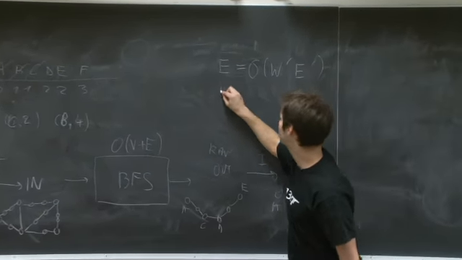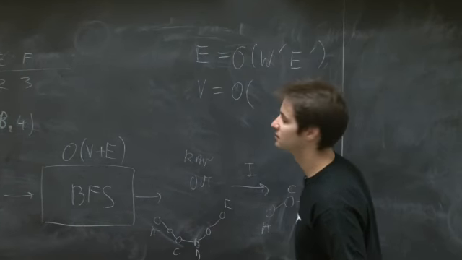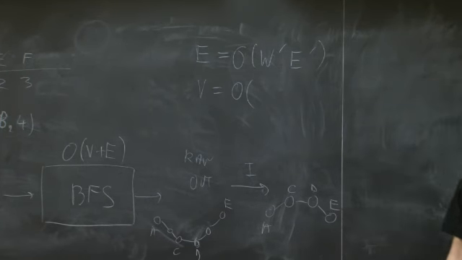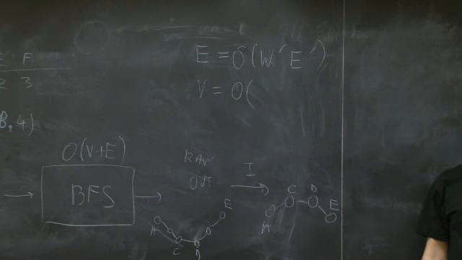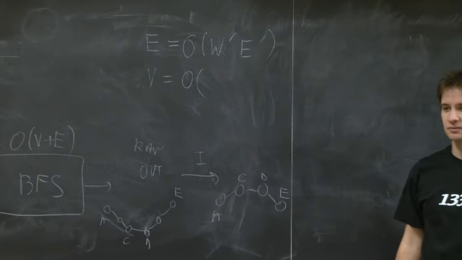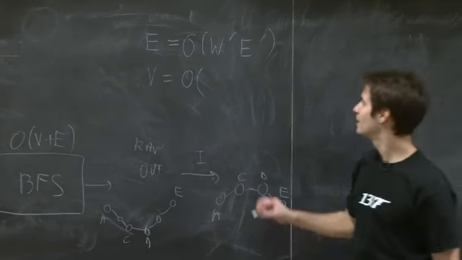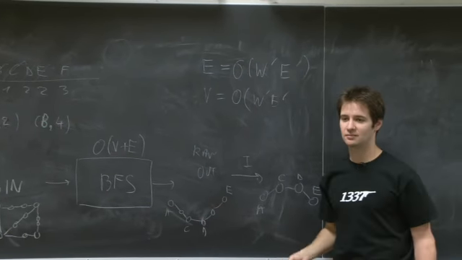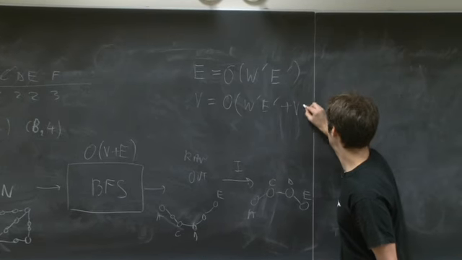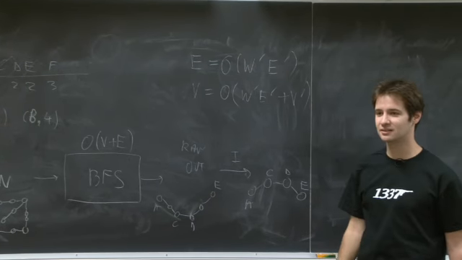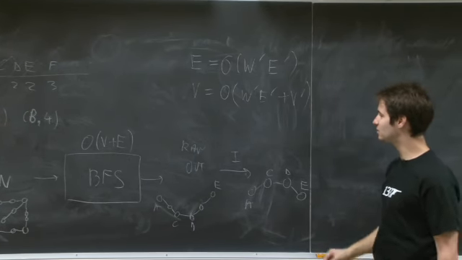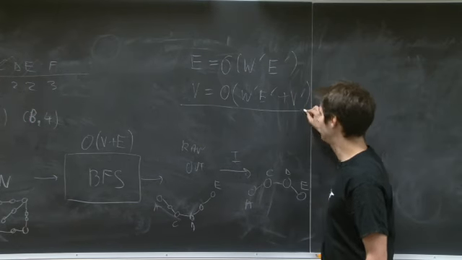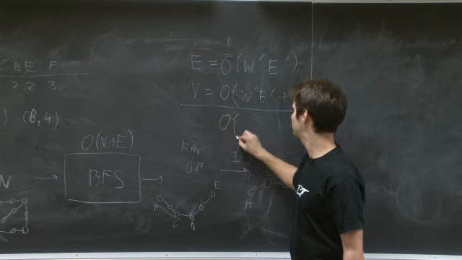How many vertices are we going to have? W prime E prime, plus V prime. Don't forget about the original ones. They're still there. OK, so total running time for BFS on this new graph is?